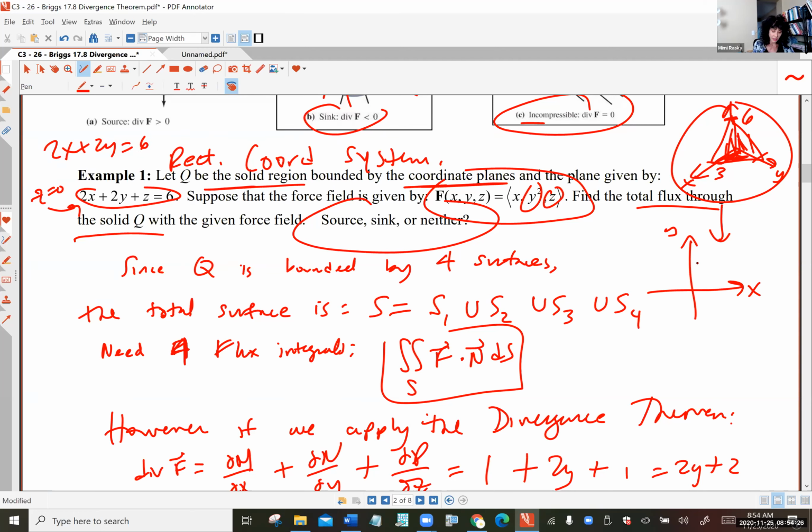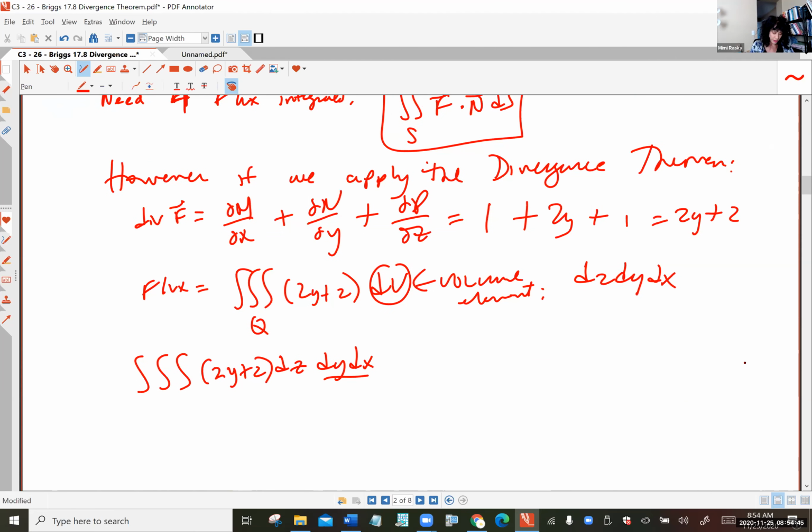And that's actually the line's equation. But if you solve it for y, which is pretty easy to do by subtracting 2x and then dividing both sides by 2, you should get 3 minus x. So that diagonal line is 3 minus x. So that's pretty easy to iterate your triple integral. x goes from 0 to 3, y goes from 0 to 3 minus x.